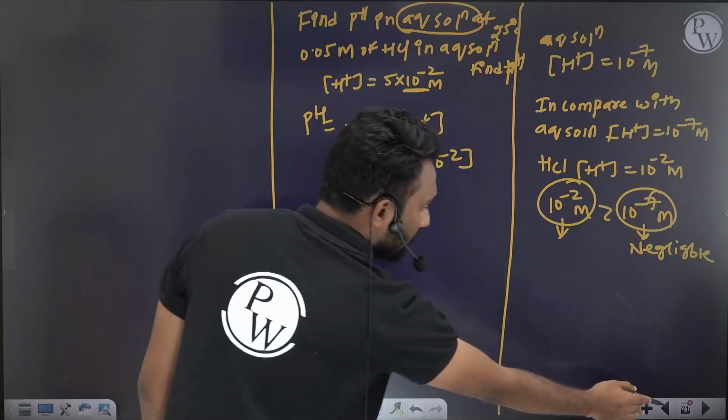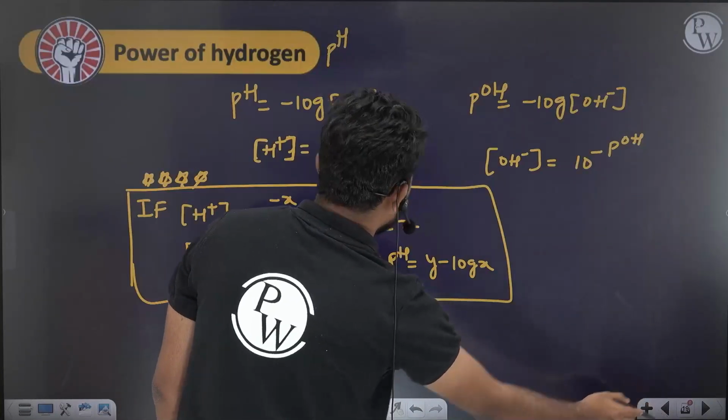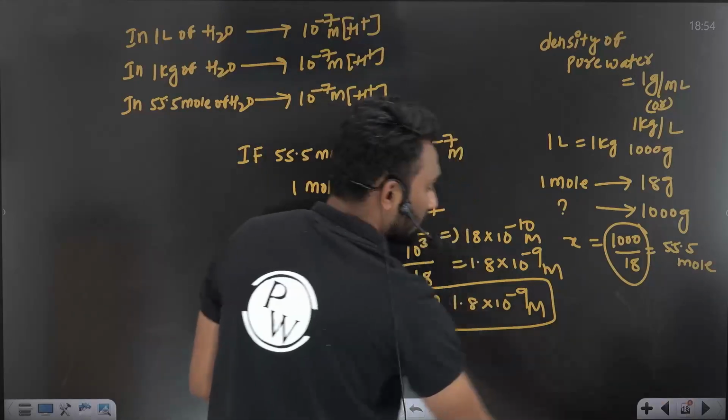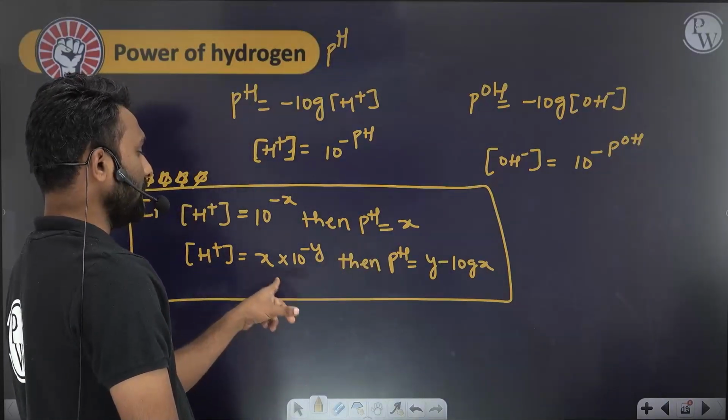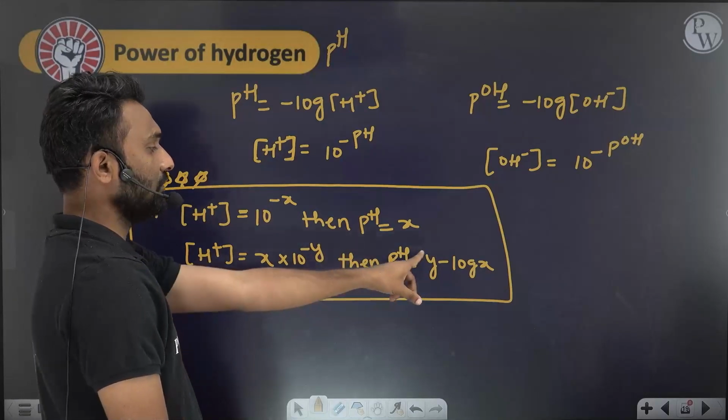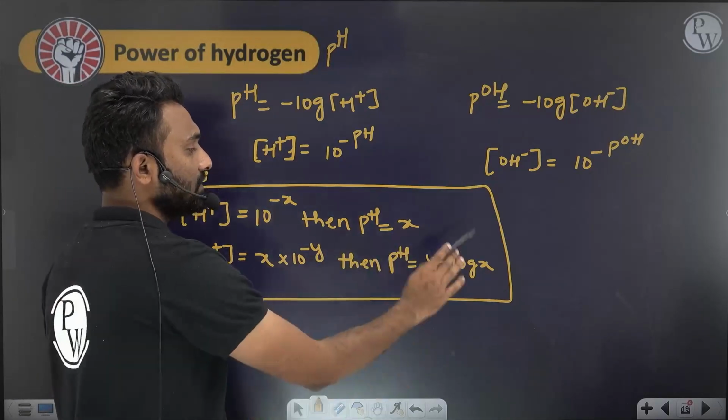I said earlier, if the H plus ion concentration is in the form of x into 10 to the power minus y, then pH will be y minus log x.